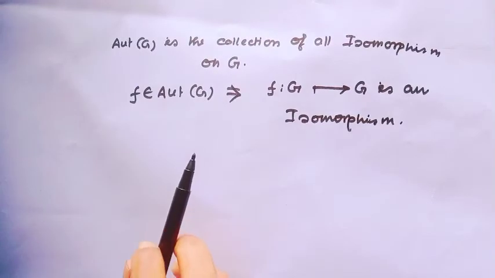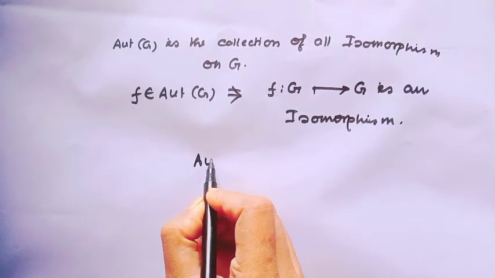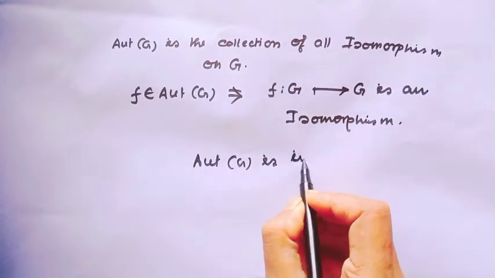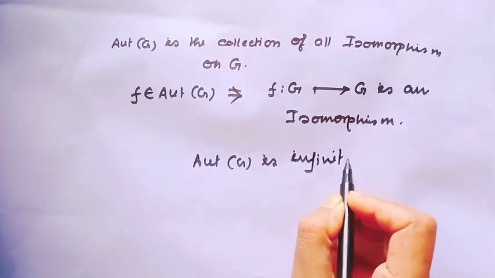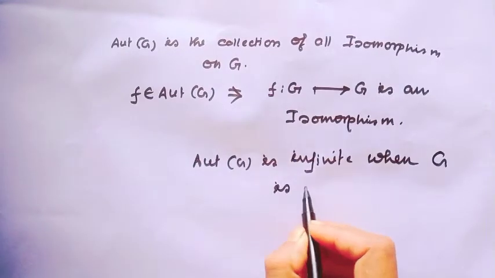At first, suppose this option is not true. That means assume Aut(G) is infinite when G is finite.